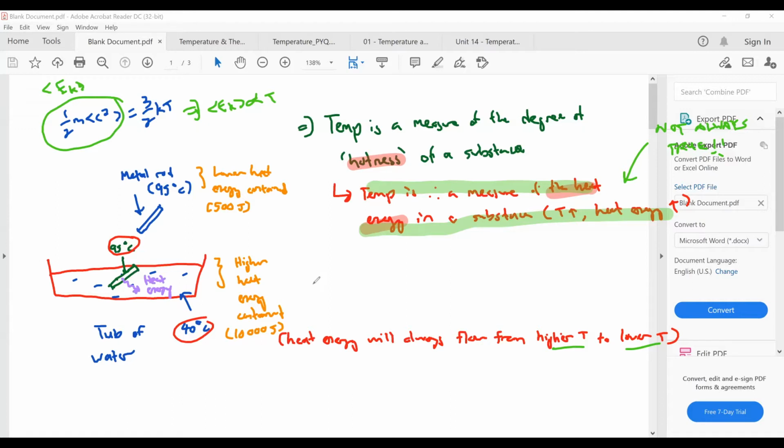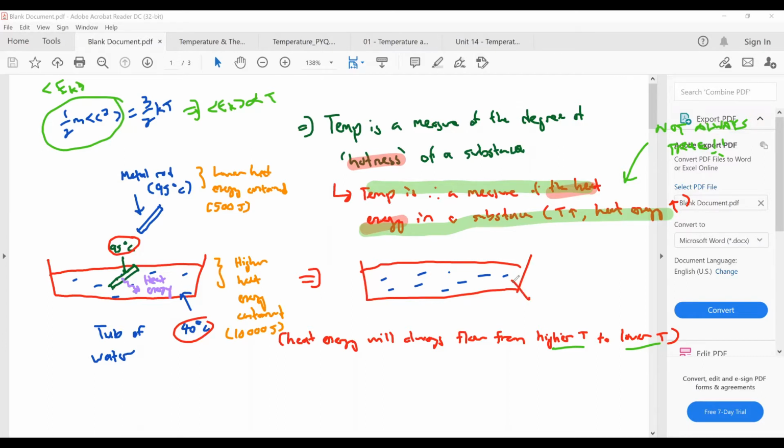So when this happens, what you eventually end up with is something like this. You again have your tub of water. As your heat energy flows from the rod to the tub of water, your heat energy will now cause the tub of water temperature to rise.